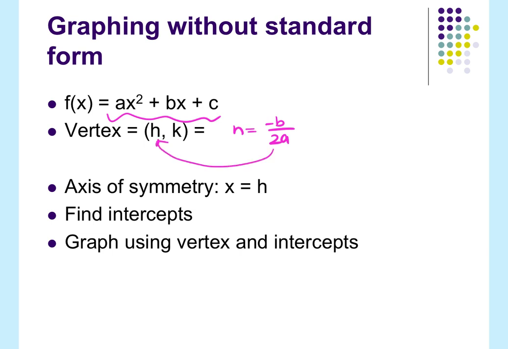And then you plug that back in to get the k. So I would do f of h. Whatever I get for h, I'm going to plug back in the x, and then solve, and I'll get the k.